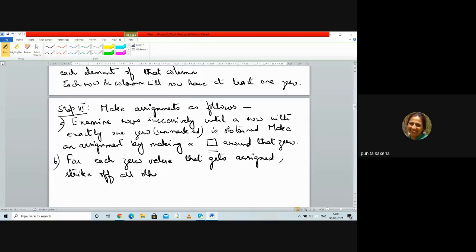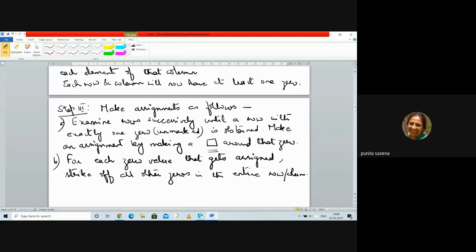We strike off all other zeros in the entire, I mean, just write this row or column.